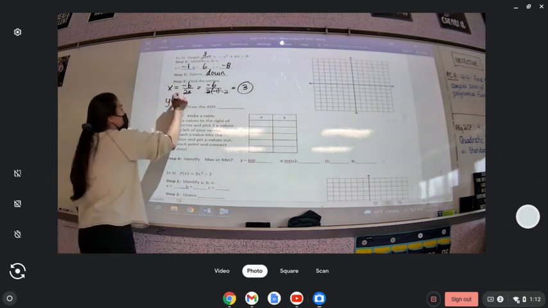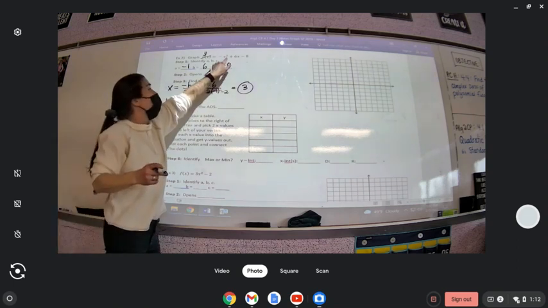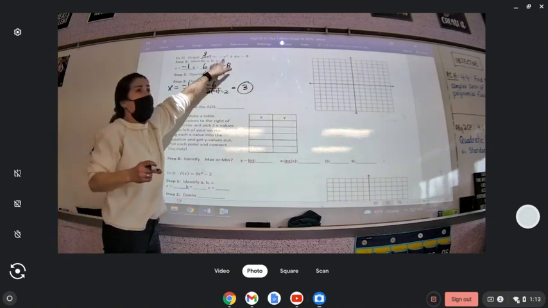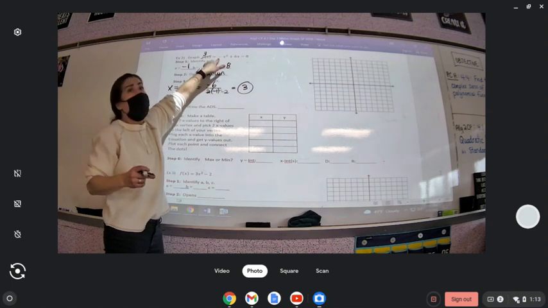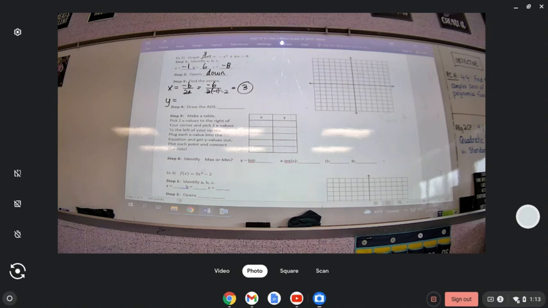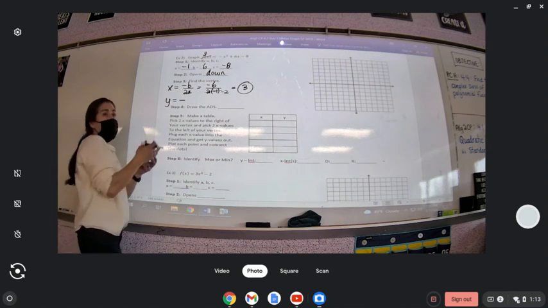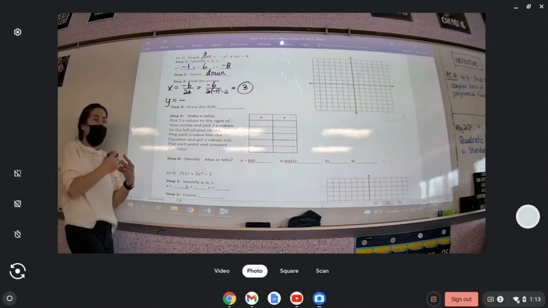So y is equal to, now guys, we've used this before, we've done it before. That square is only on x, and then it's being times by -1. So that -1 in front is not part of who's being squared. So he has to stay outside of the parentheses, because PEMDAS says to square before we multiply.